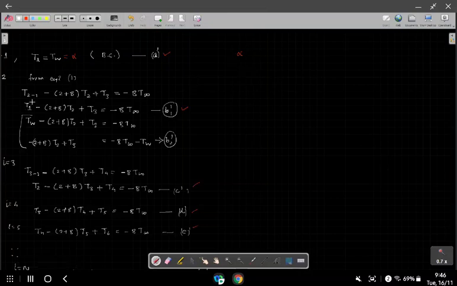From the second equation, T1 is already alpha, so we write alpha, again alpha, and then the second term is 2b, and the third term is 1. Okay. For the next equation, the T2 coefficient is 1, the central coefficient is minus 2 plus b, and the third is 1.